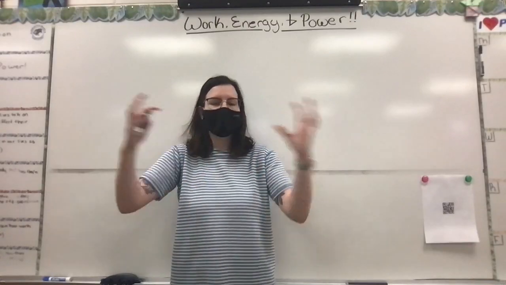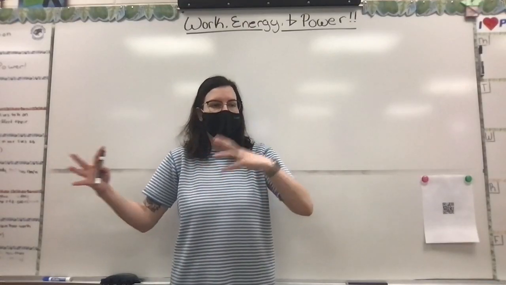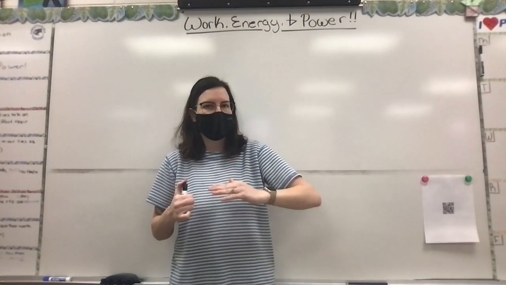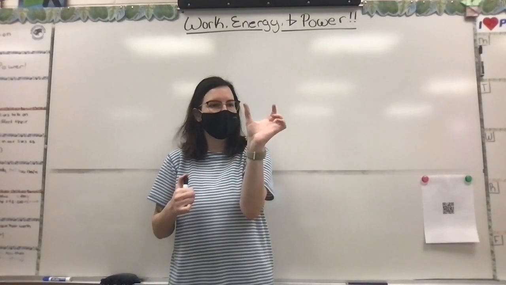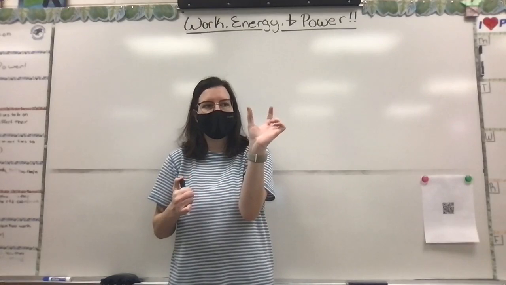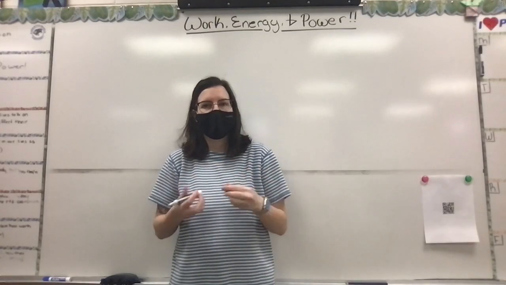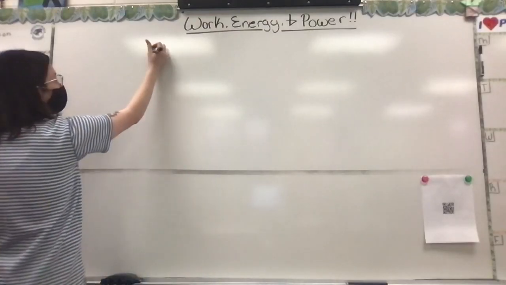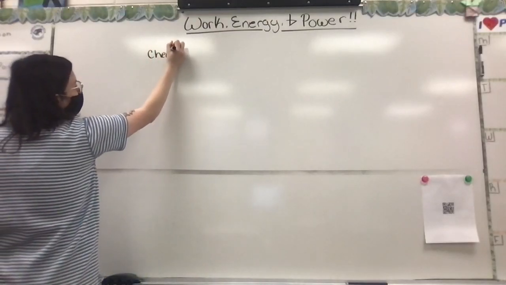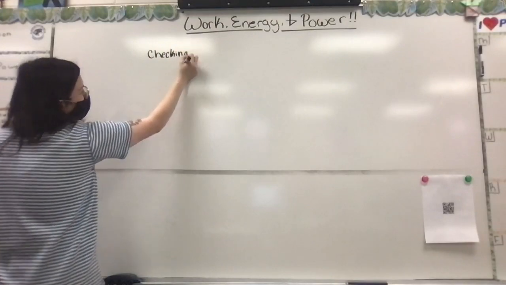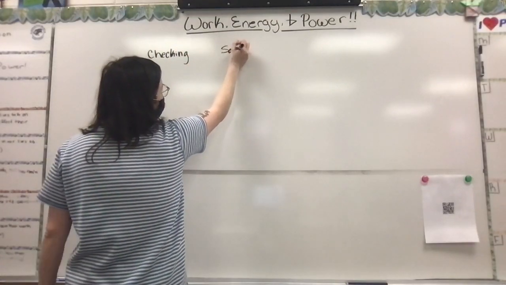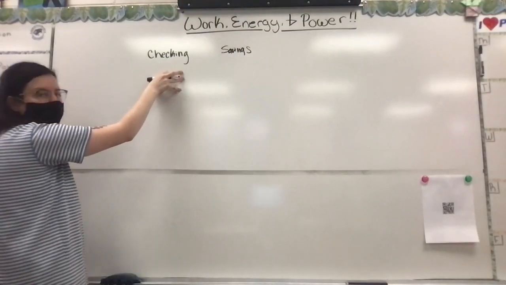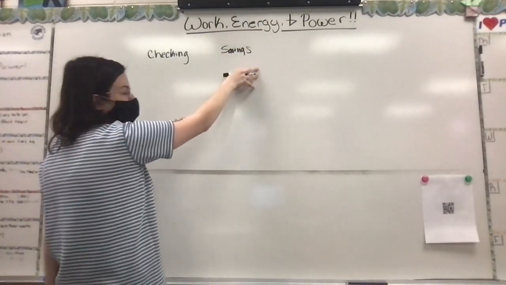So when you transfer something, have you ever looked at the list on your checking account? Does it show up as a positive or a negative? Let's say you've got your checking account and your savings, and you want to move $1,000 from checking to savings.